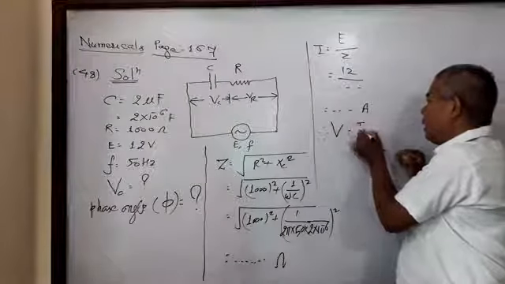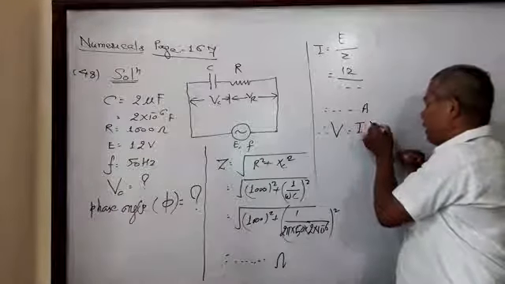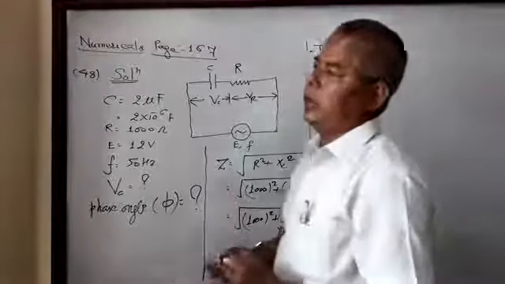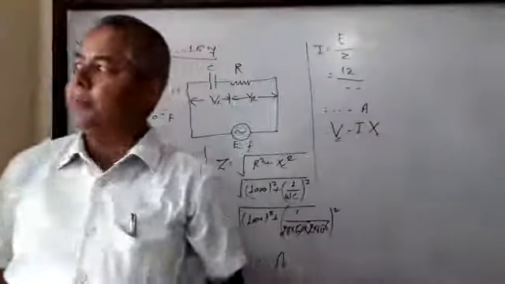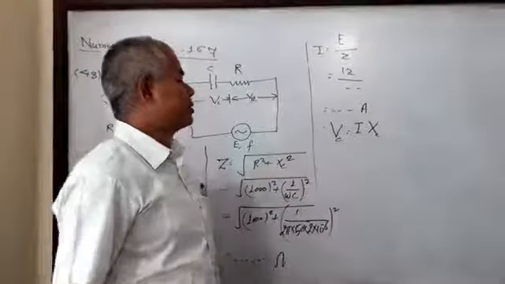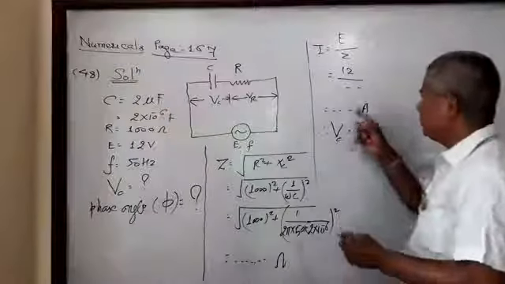But instead of R, here is XC, because we have to determine the voltage developed across the capacitor. Then V is equal to I into XC, and I is already determined.